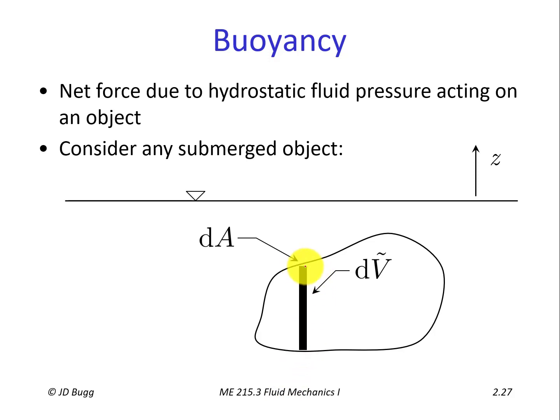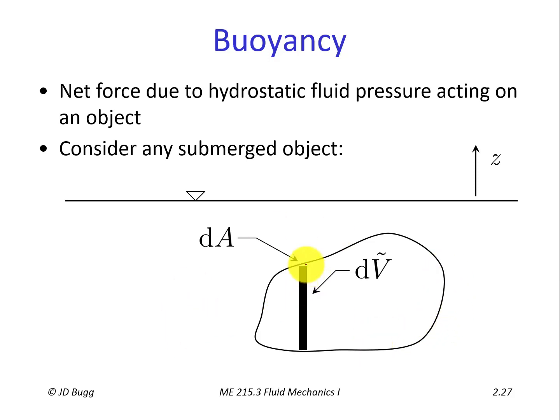So dA is that little patch of area, and dV is the volume of this vertical slice. So in order to calculate the net force on this object, we're going to calculate the net force on this slice and then add up all of the slices or integrate over the entire volume of the object.